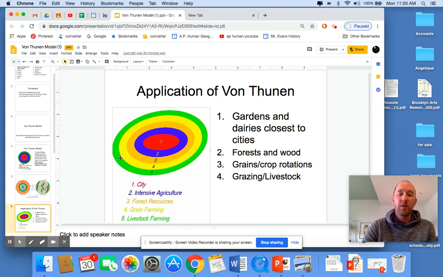The last ring was ranching, and that required lots of land for the cows to walk around in and eat the grass. All right. Today we know we have feedlots instead of ranching in this country. But again, we're going back in time about 180 years. Okay. Now you might think to yourself, doesn't the meat spoil on its way to the market?